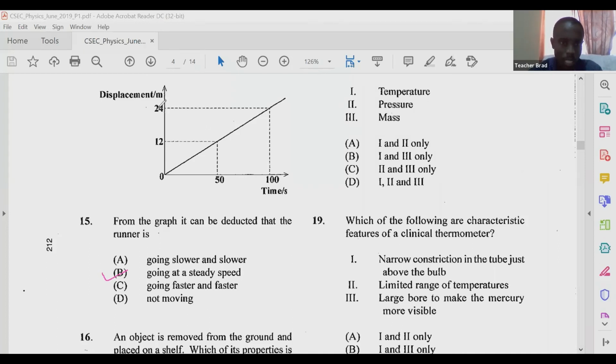And when it reaches 24 meters, the time is 100 seconds, which is also approximately 0.25 meters per second. So that's pretty steady. Also, this straight sloping line going up should tell you that the speed is constant or steady. So the answer for this question is B as in boy. It's going at a steady speed.